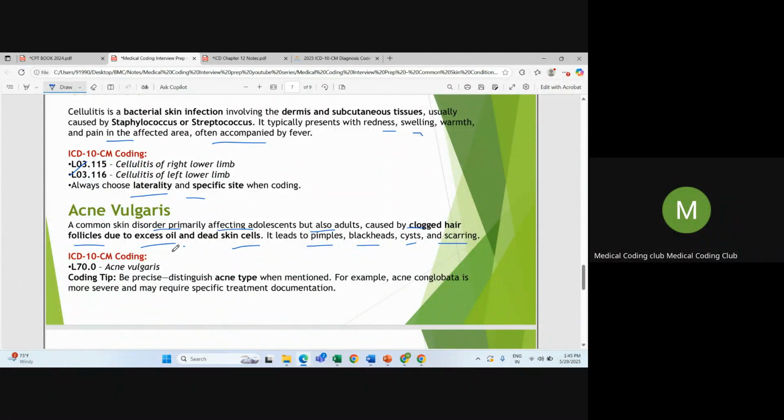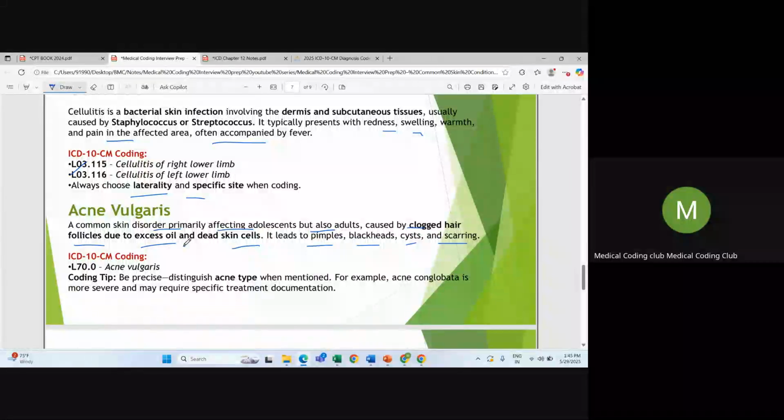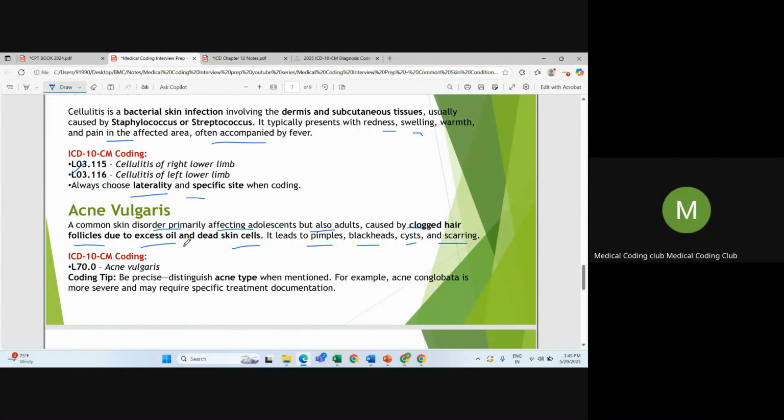So when a patient is suffering from acne, in the integumentary section of the CPT chapter, we have the acne removal procedure. Okay, so for that we can assign the CPT code, and if the patient is diagnosed with acne vulgaris, we can assign the ICD code for the medical condition. Okay, so I'm talking about the integumentary system.